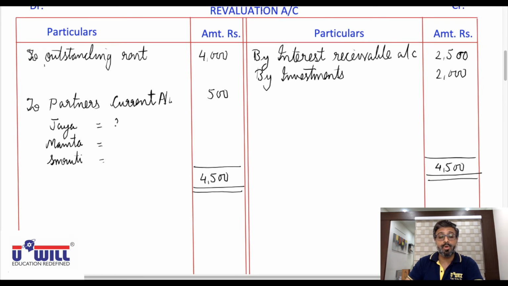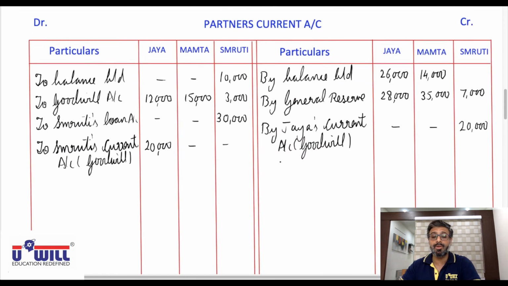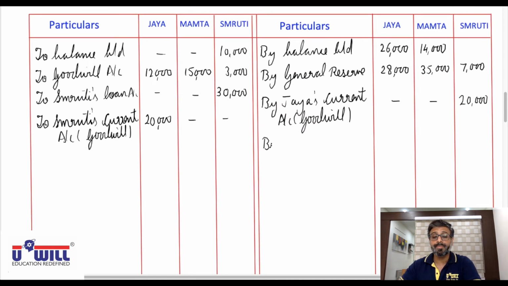So 500 into 4 by 10 is 200, 5 by 10 is 250, 1 by 10 is 50. Opposite side in partners' current account by revaluation account, 200, 250 and 50.